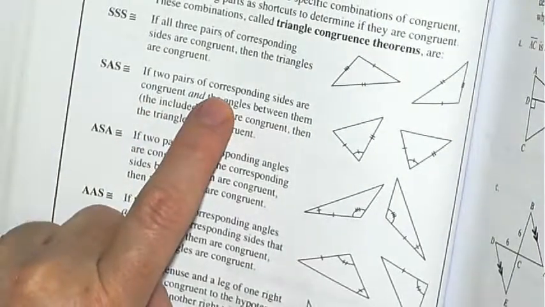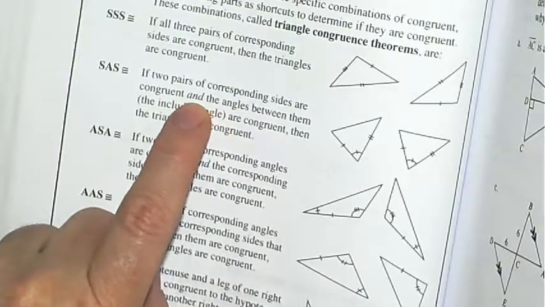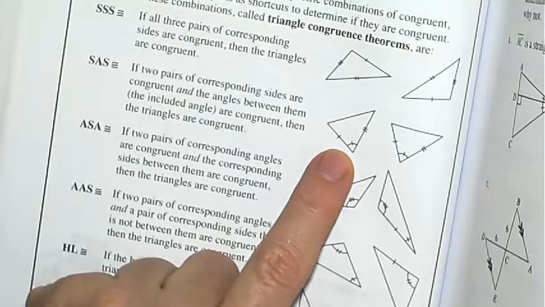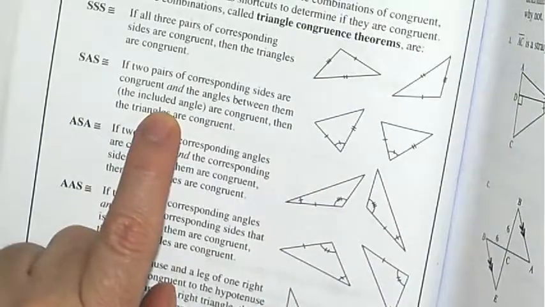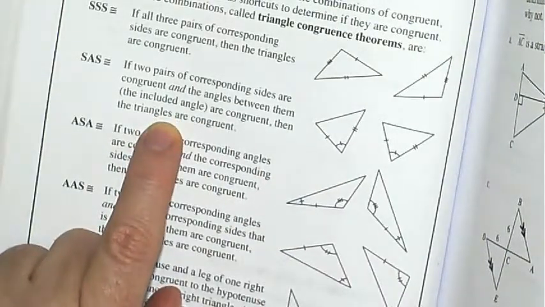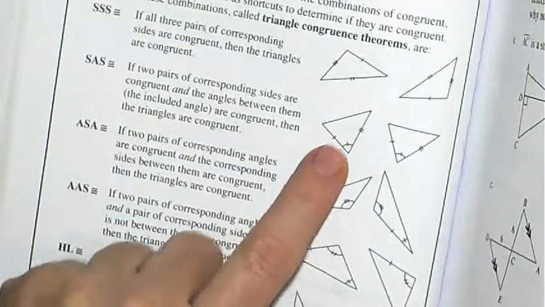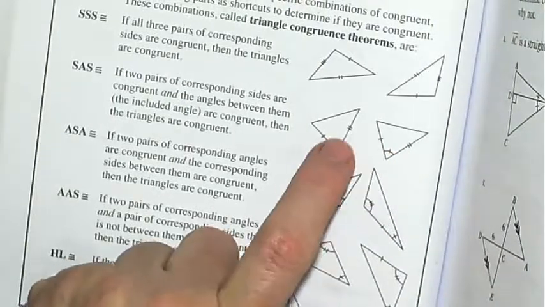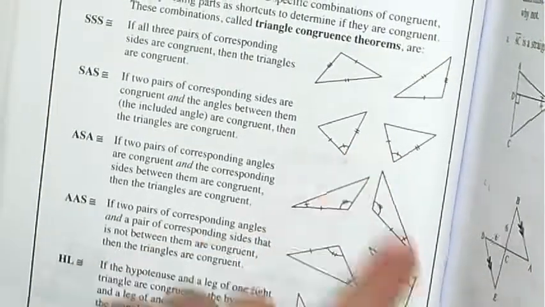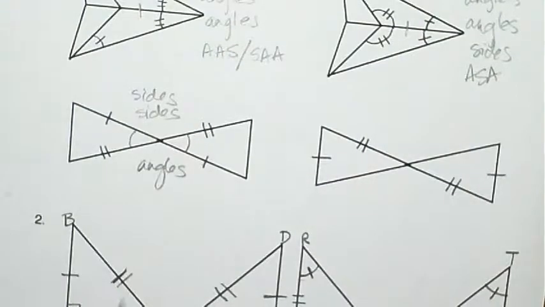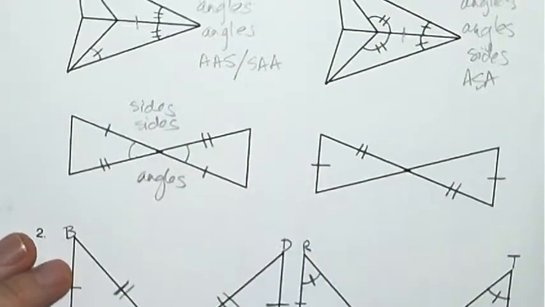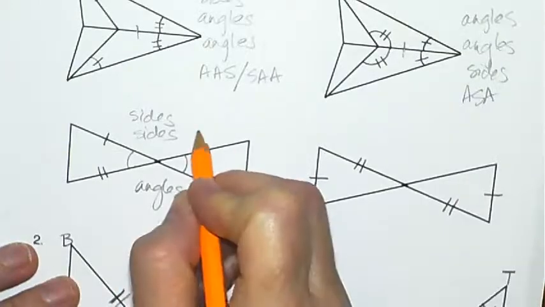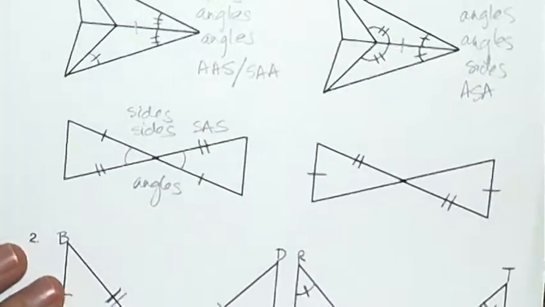If two pairs of corresponding sides are congruent and the angles between them, that angle has to be between the sides, that's called the included angle, then my triangles are guaranteed to be congruent. There's no way I can make this one different from this one if these angles and these two pairs of sides are locked in place. So is this angle in between the two sides? Yes, it is. So these would be congruent by side, angle, side.